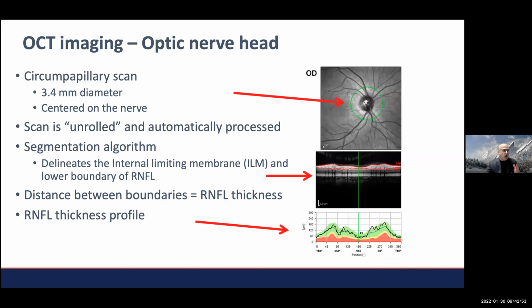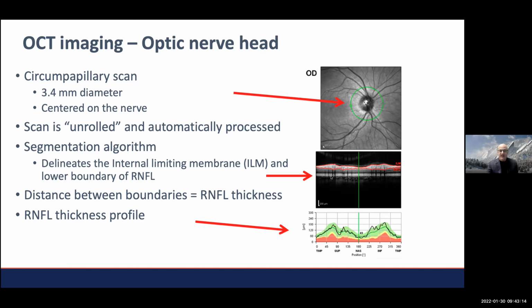With that said, OCT scans of the optic nerve head give us image analysis of the peripapillary retinal nerve fiber layer. In general, optic nerve imaging is performed with OCT using a circumpapillary 3.4 millimeter diameter scan centered on the optic nerve.